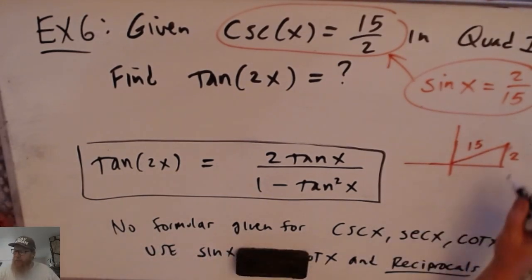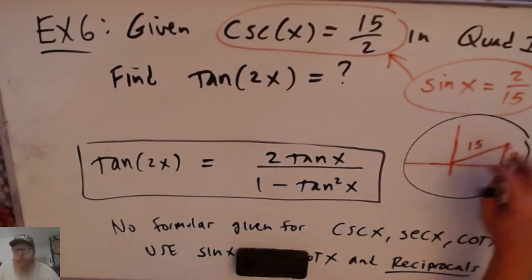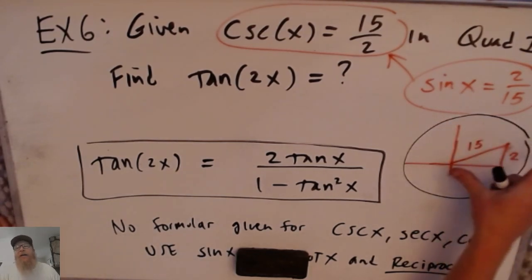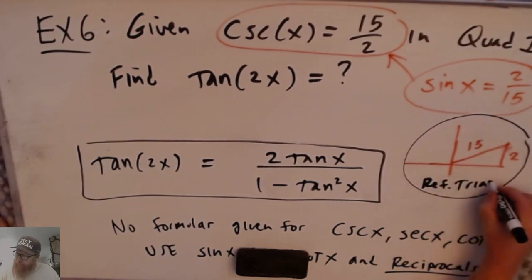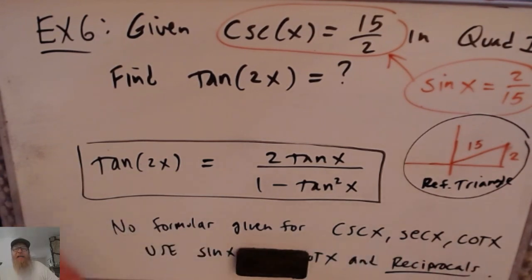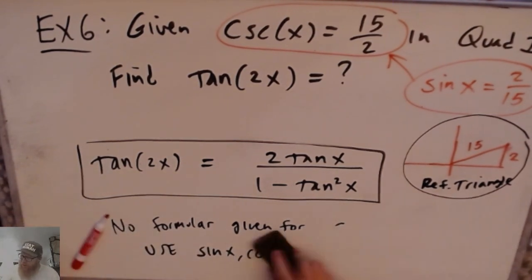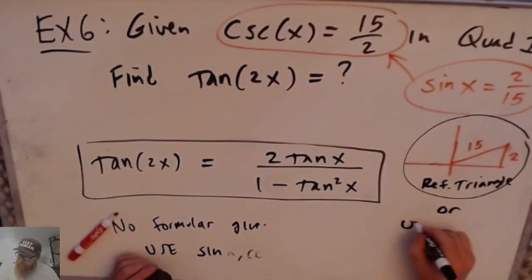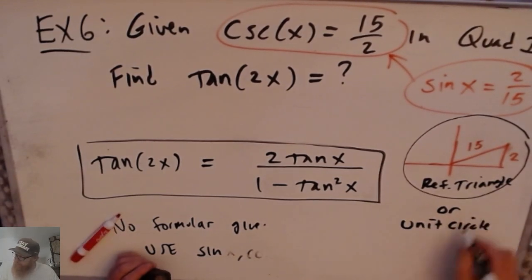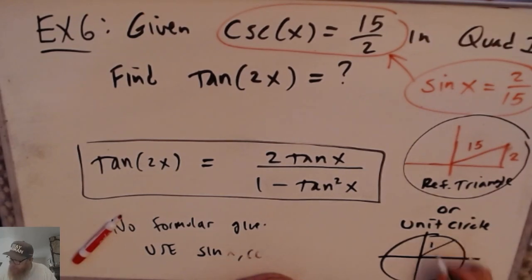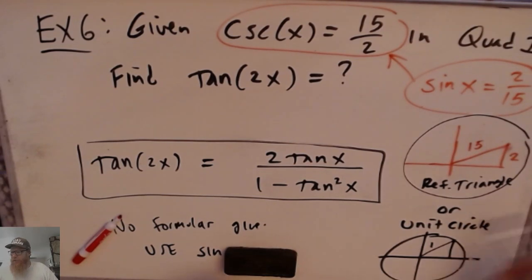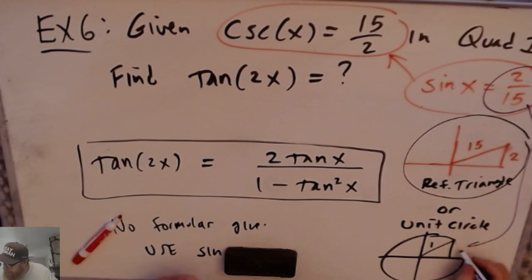I'm not sure if it's become clear or not. When you do a reference triangle, the hypotenuse can be any size you want. If you use the unit circle, you have choices. The only main difference is the unit circle, the hypotenuse has to be 1. In which case, you would just put 2/15 as the actual length of this side right here.